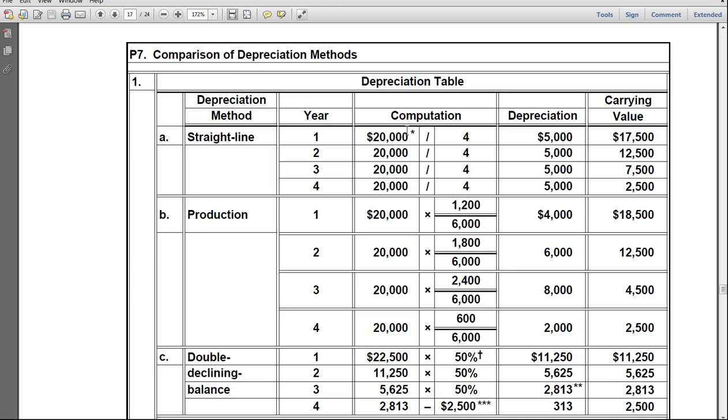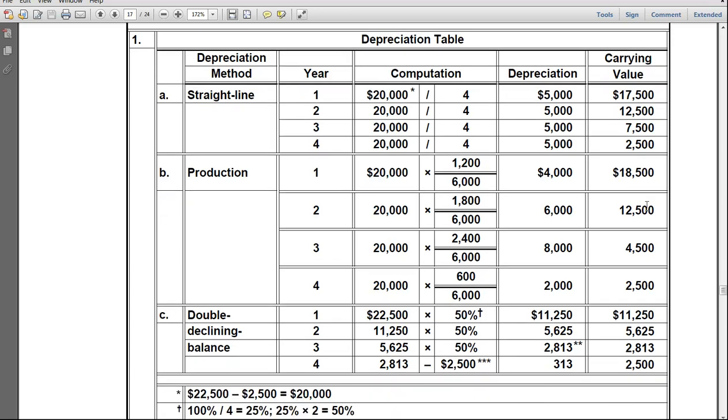So this is not 20,000 minus 5,000, it's our 22,500 minus 5,000, which gives us 17,500. Then for year 2, we subtract out the next 5,000 and then the next and then the next, and you'll notice that the carrying value at the end of 4 years is equal to our residual value.